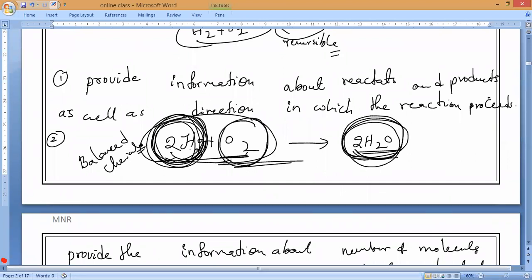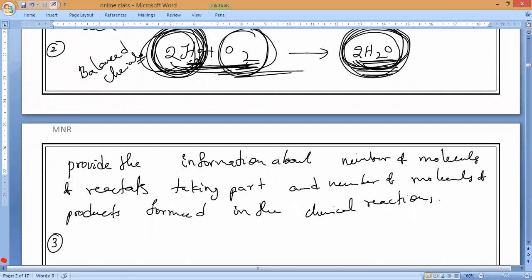Do you understand? 2 molecules of hydrogen reacting with 1 molecule of oxygen give 2 molecules of water. Who will give that information? Only the balanced equation. How many molecules of reactants are involved and how many molecules of products are forming, we get only through the balanced chemical equation. Clear?